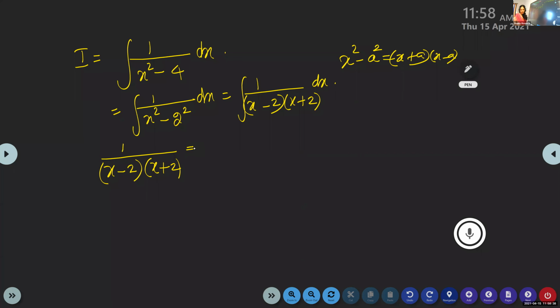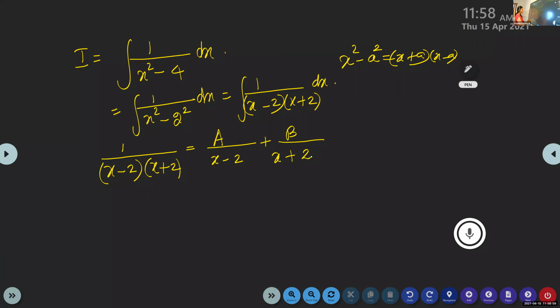1 by x minus 2 into x plus 2 we can write as a by x minus 2 plus b by x plus 2. Next step, we'll be taking the LCM.